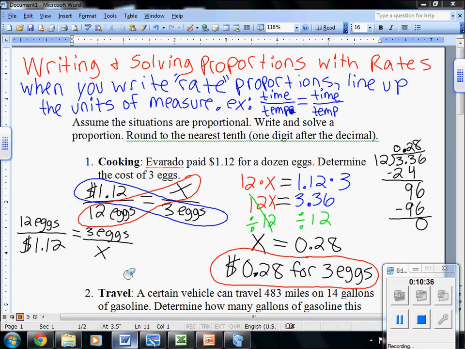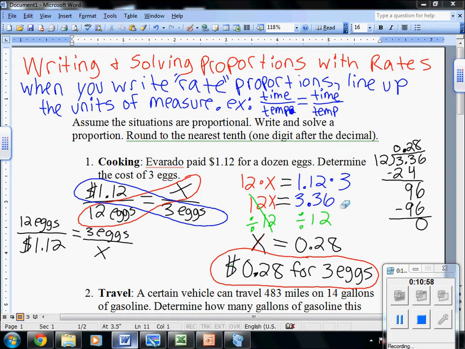So even if you wrote yours this way, that is completely fine, and that will still solve exactly the same way. Because look, you're still going to cross multiply 1.12 times 3. Well, hey, that's what we already did over here. And then you're going to end up having to divide by 12, since that's what's left over here, because it'll be 12 times X. So you'll have exactly this line, even though it looks different.